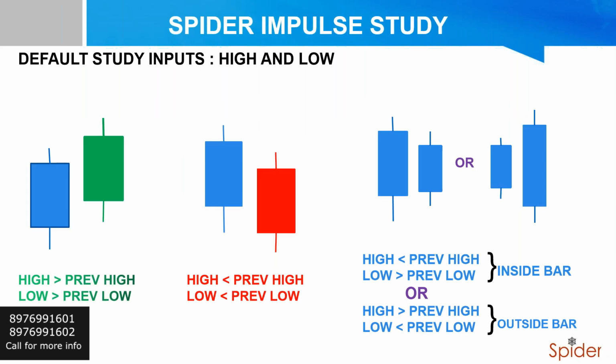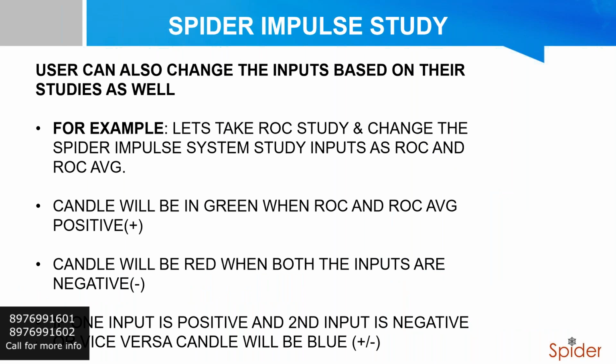Second, we discussed the default parameters of the Spider Impulse System and how they work. The default parameters are high and low, with three colors: green, red, and blue. Candle would be in these three colors, blue when it is an inside bar or outside bar. Then we saw how to modify this if you want your personal indicators merged with the Spider Impulse System.